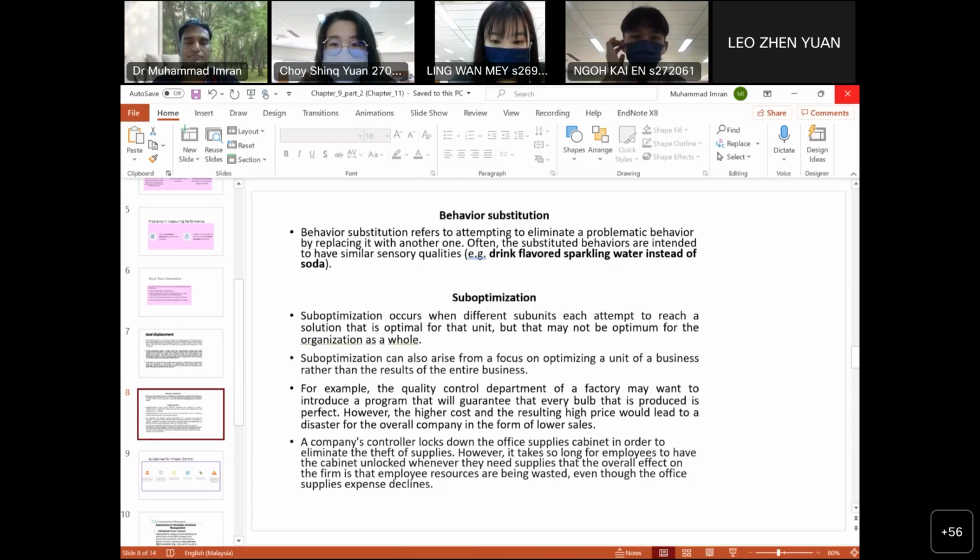However, it takes so long for employees to have the cabinet unlocked whenever they need supplies that the overall effect on the firm is that employee resources were being wasted, even though the office supplies expense declined. Basically, this last example is a very good example to explain sub-optimization.